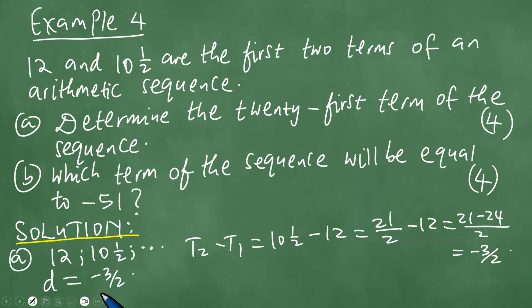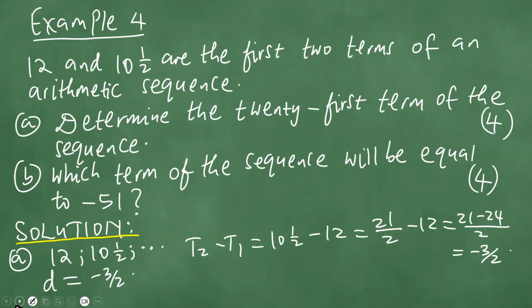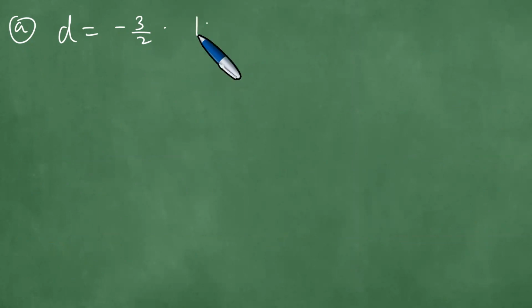Now, with that said, we have that the common difference is -3 over 2. The sequence itself is 12, and 10 and 1/2.